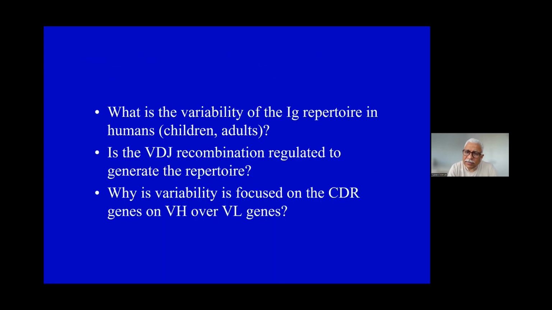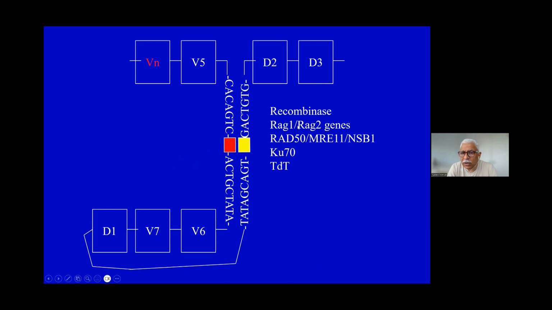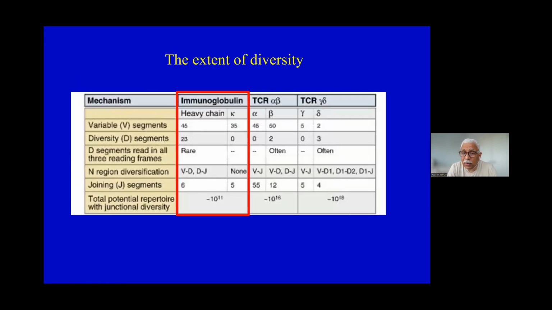If I go back to one of the previous slides, I'll show you here, there's a gene called recombination activation 1 and recombination activation 2. These are two genes that encode for endonucleases, which are responsible for cutting the DNA at that site. RAG gene products are required, right?